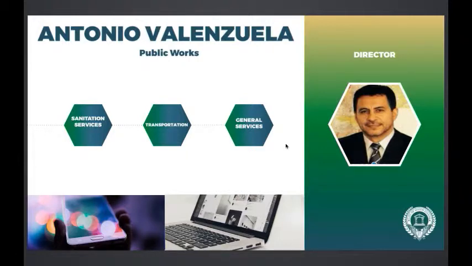Approximately 60% of the households have signed up and obtained sanitation services. So we are looking forward to that model continually expanding and growing and continuing to be a success for the residents as well as the city as a whole.